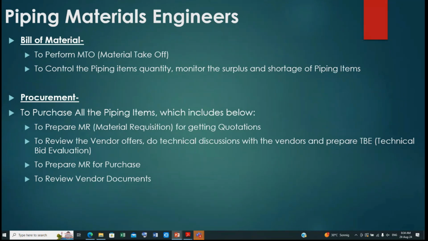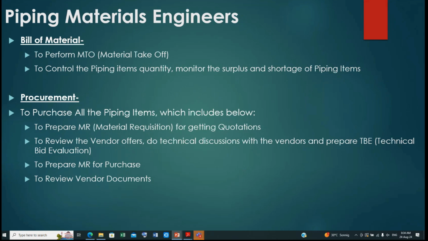in piping, over a plant, if you see the different types of components, there are pipes, elbows, reducers, tees, then gaskets, bolts, different valves, and each vendor does not manufacture all these items. You have a different vendor for each category.